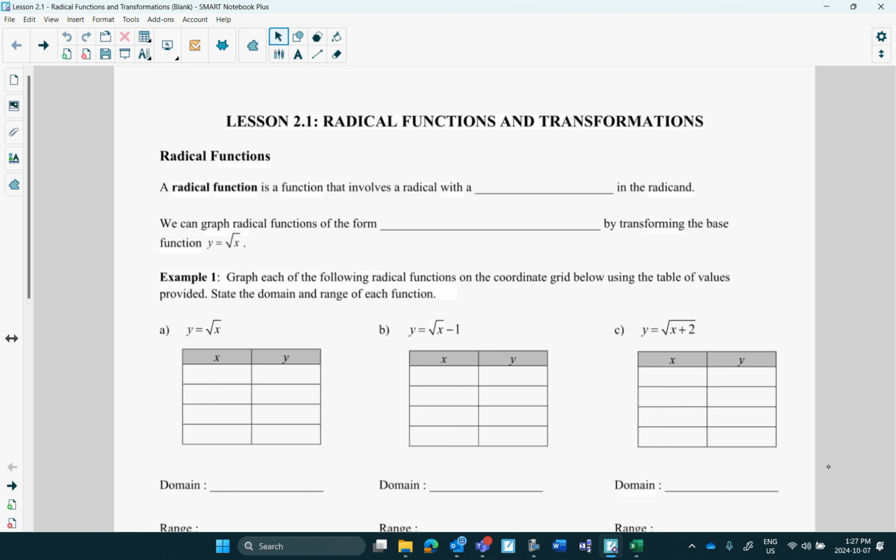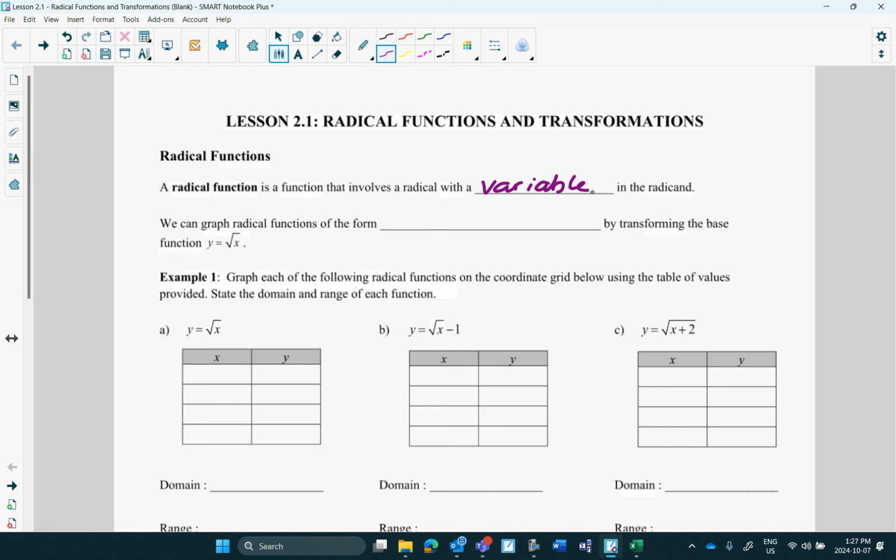So basically, a radical function involves a radical with a variable in the radicand. Remember, the radicand is just whatever's under the square root. And just like we had the transformation equation that we used in the first unit, we can use a transformation equation in this one.